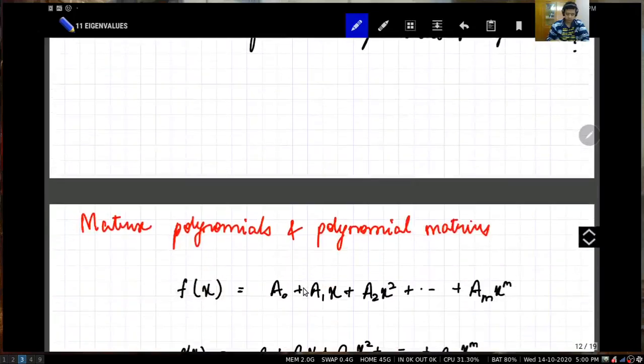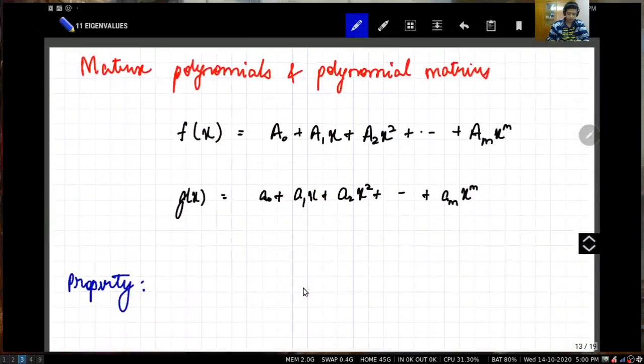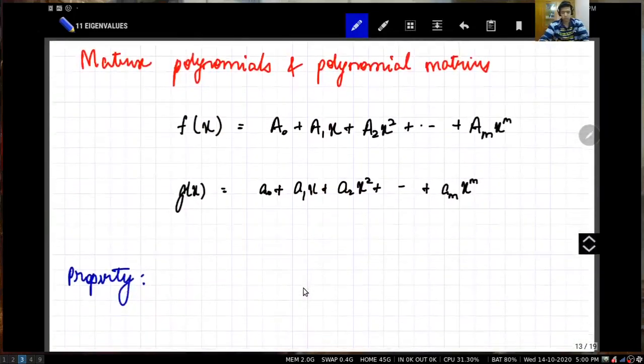Okay, so to understand the conditions for diagonalizability of a matrix, these abstract tools of matrix polynomials and polynomial matrices are essential. So what do I mean by a matrix polynomial?